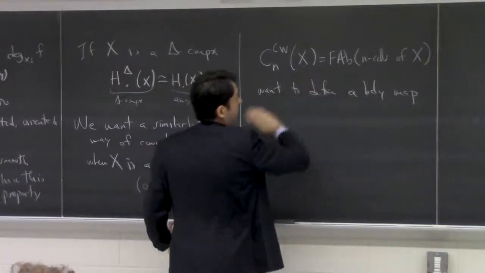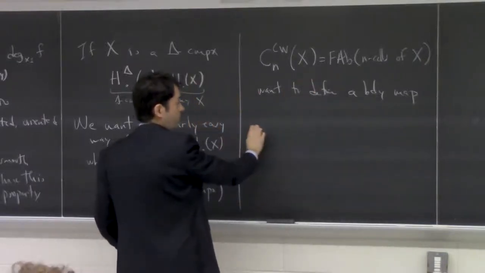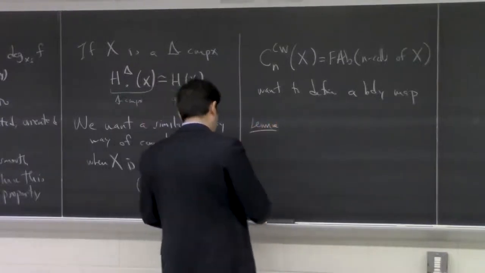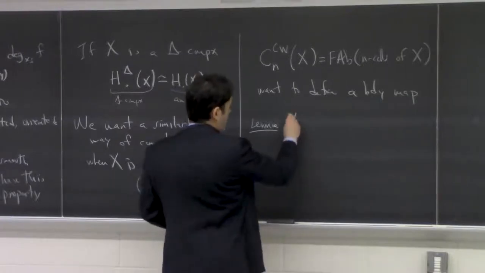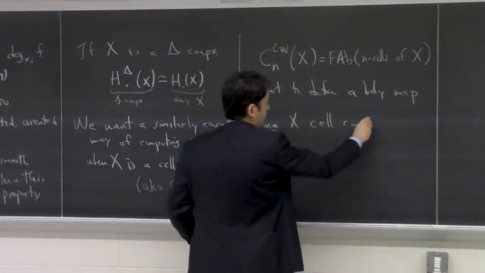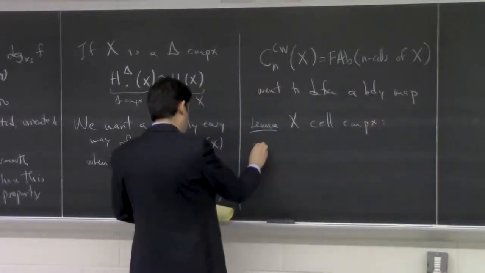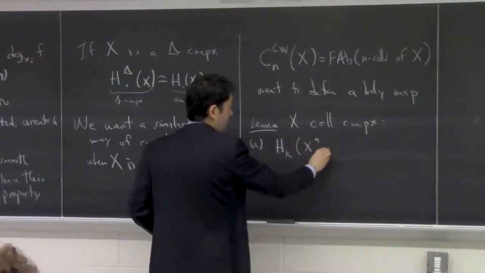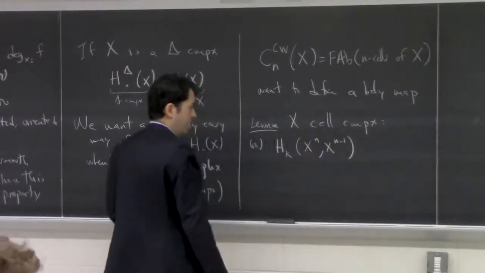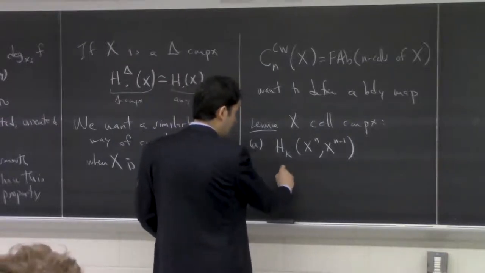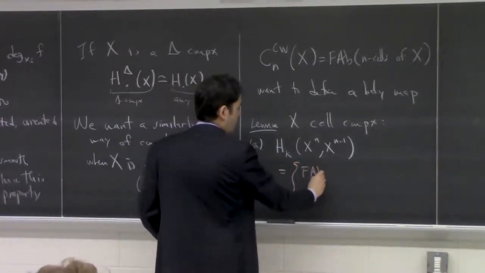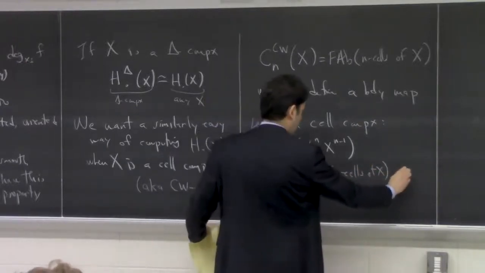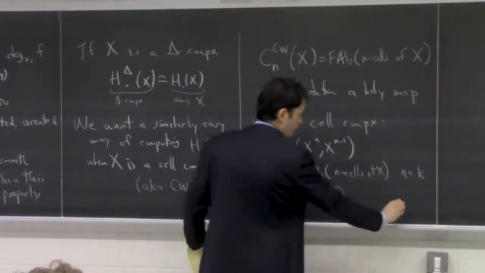Okay, so here's another way of thinking about the n cells of X. So if X is a cell complex, then first of all, if you look at the n skeleton relative to the n-1 skeleton, then this is either the free abelian group on the n cells if n is equal to k, or just 0.